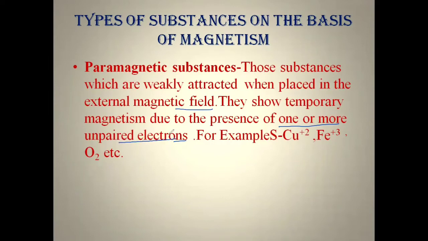You have studied paramagnetic substances in class 11 as well. So paramagnetic substances contain one or more unpaired electrons. Examples are Cu2+, Fe3+, O2, etc. You have studied the electron configuration of Cu2+, that is 1s2, 2s2, 2p6, 3s2, 3p6, 3d9. Fe3+, 1s2, 2s2, 2p6, 3s2, 3p6, 3d5.